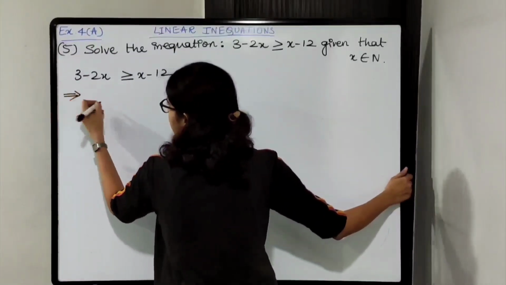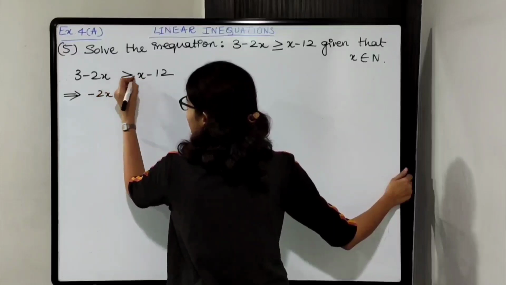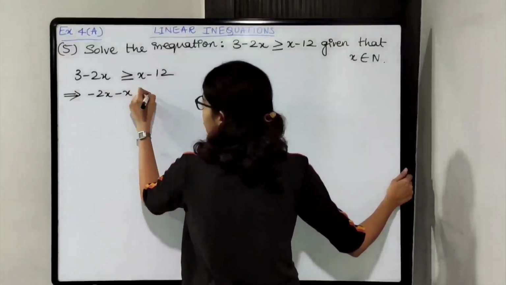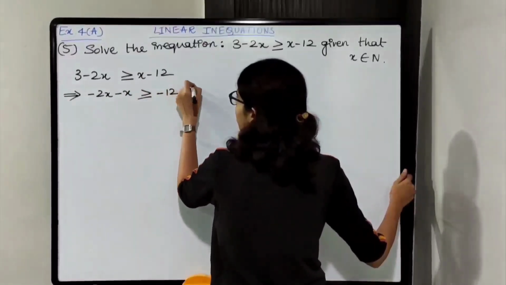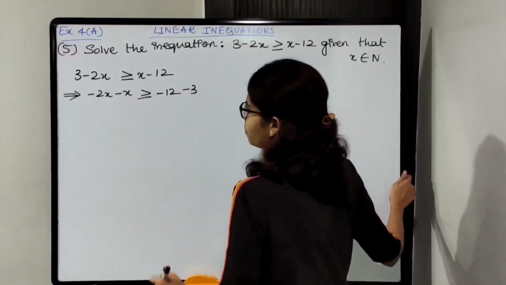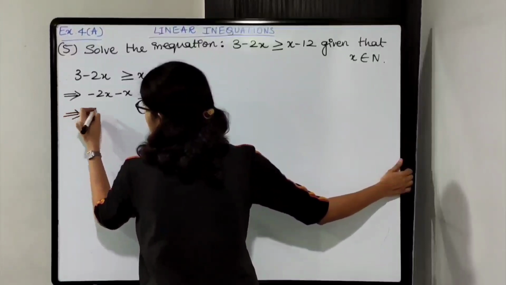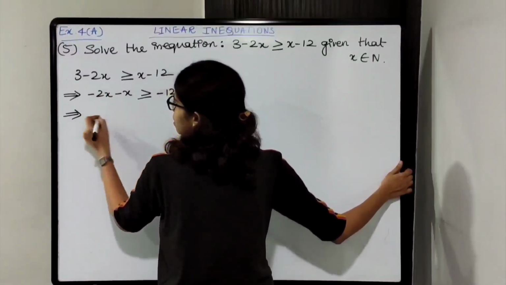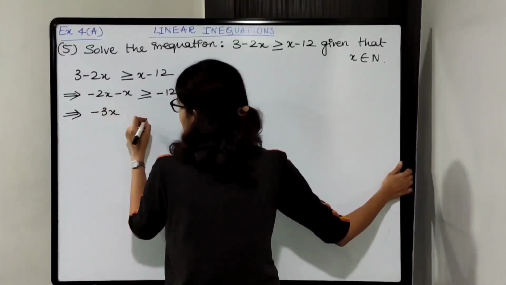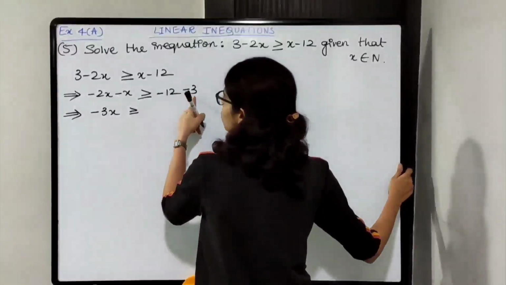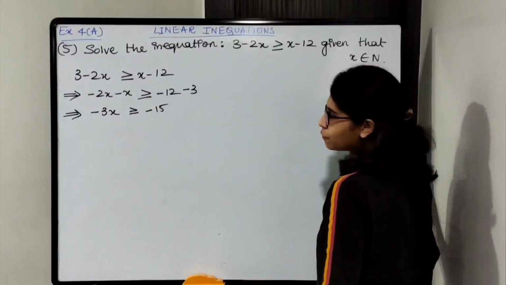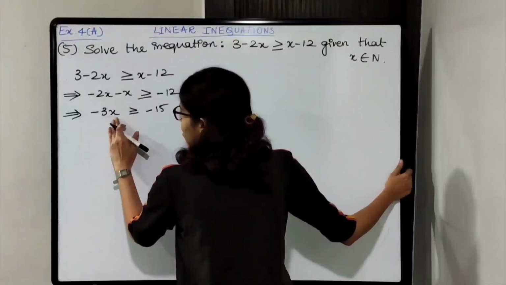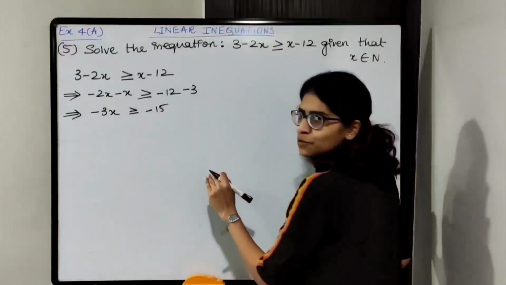So minus 2x as it is, and this will become minus x greater than or equal to minus 12 as it is. 3 will become minus 3. So minus 2x minus x gives minus 3x is greater than or equal to minus 12 minus 3 will give minus 15. We will add and the sign will be negative. Minus 3x is greater than or equal to minus 15.